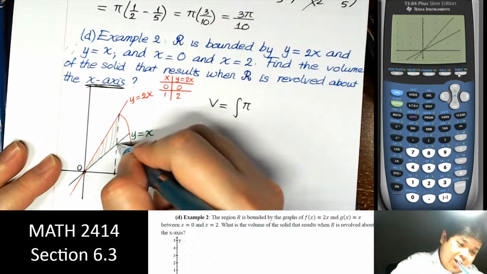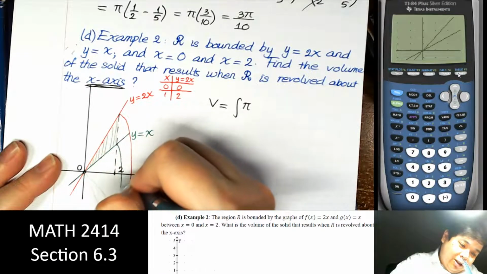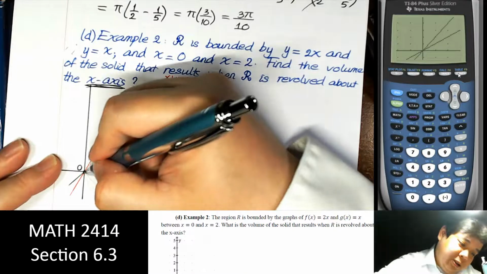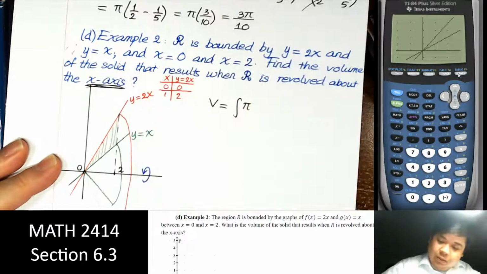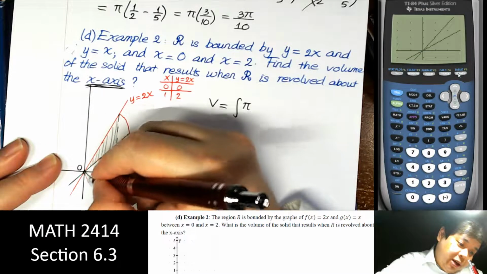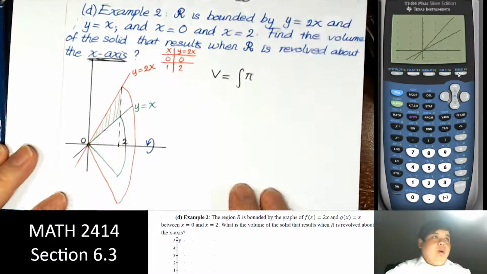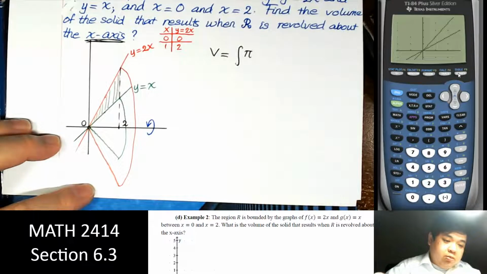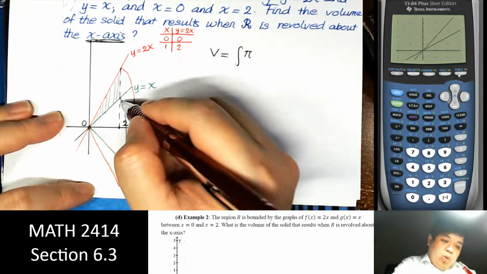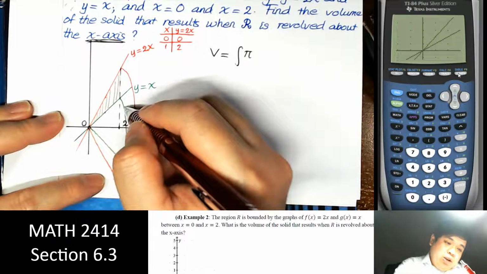And when we rotate the inner, and the big radius, we generate the big cone. Both of these are cones, and so we have to take out the region in the middle.